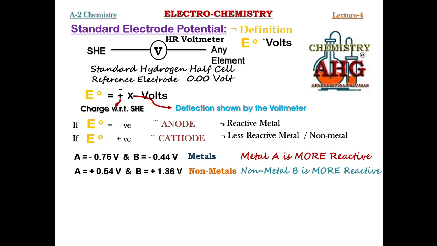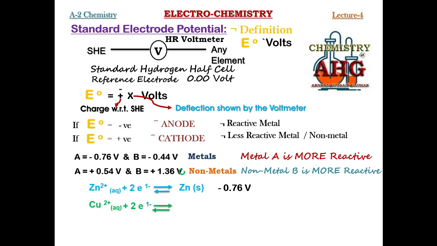But one thing that I want to tell you right now, if you have been given standard electrode potential values for different elements, if you look at your data booklet, what you will come to know, okay, I'm giving you this standard electrode potential for zinc half cell and for copper half cell.